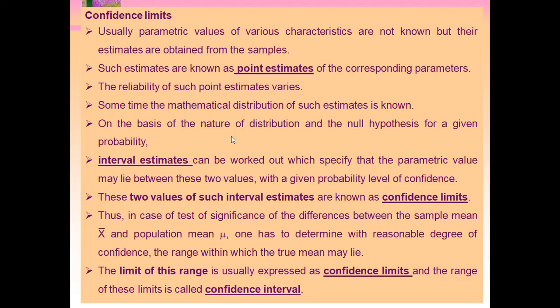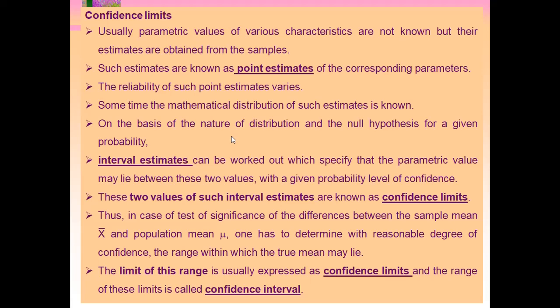Now see, one more topic at the end of this testing of hypothesis for the parametric Z and t is the confidence limit. Normally this is a parametric value whose characteristics are not known, but their estimates are obtained from the sample. So they are known as the point estimate.